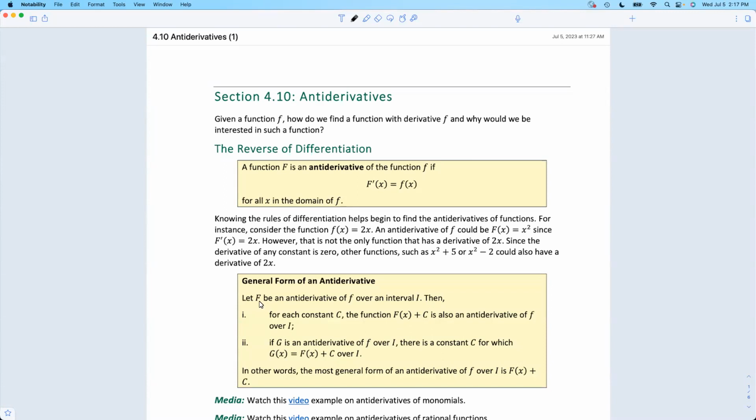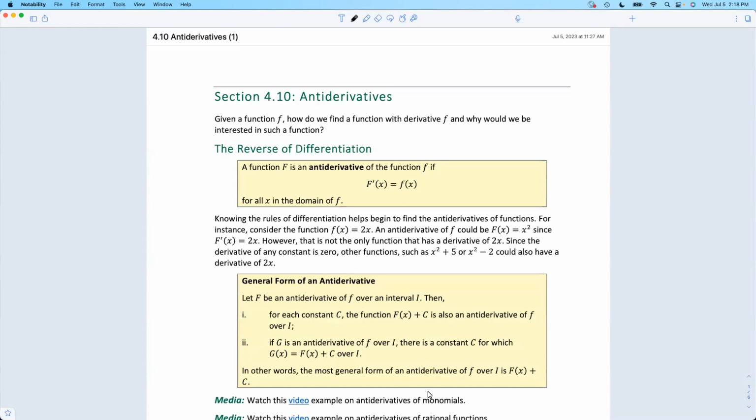So I know x squared is an antiderivative of 2x. That's just one of the many. Then adding some constant c to it, I still have another antiderivative. So we'll call this form here the general antiderivative.